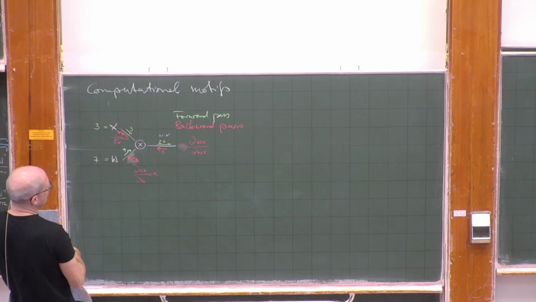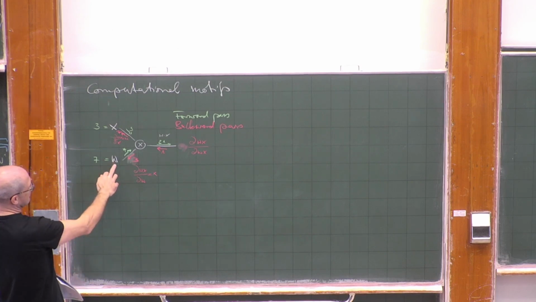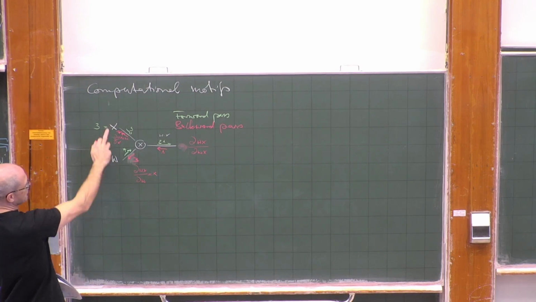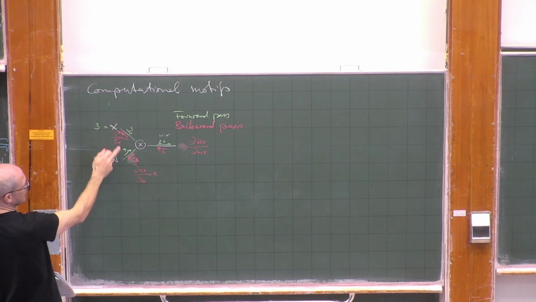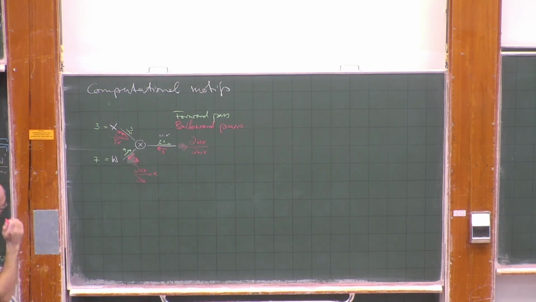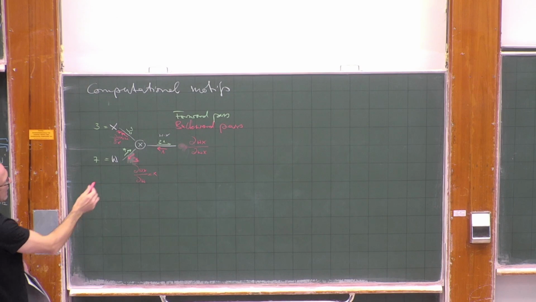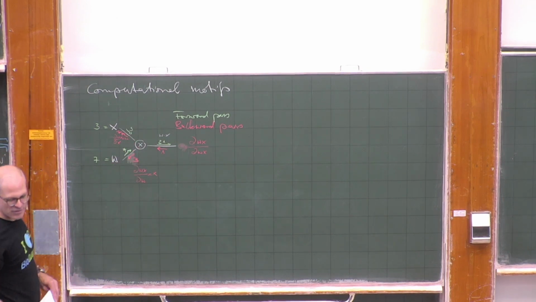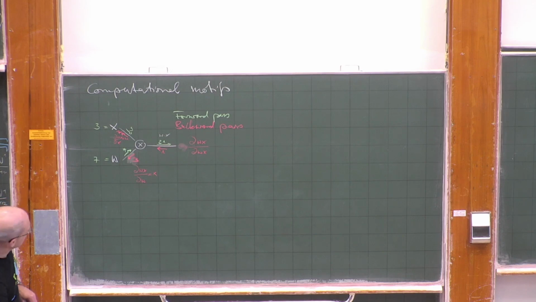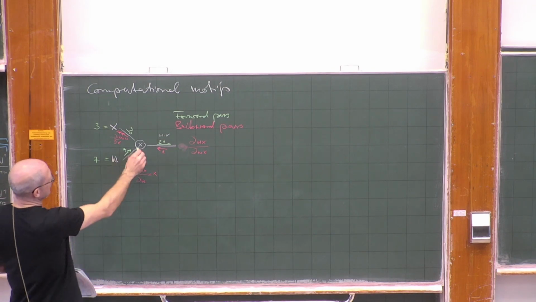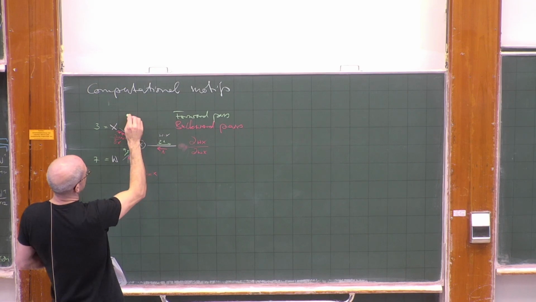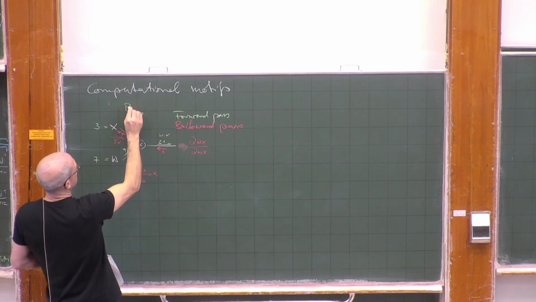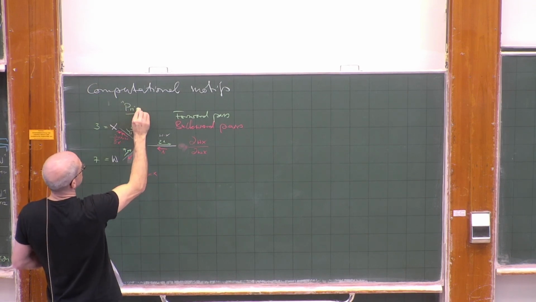Now I have computed the gradient of the output with respect to x and w. The numbers are 7 and 3 respectively. But to do so, I needed to remember the results of the forward pass. These numbers that we were sending in the forward pass are also called primals.